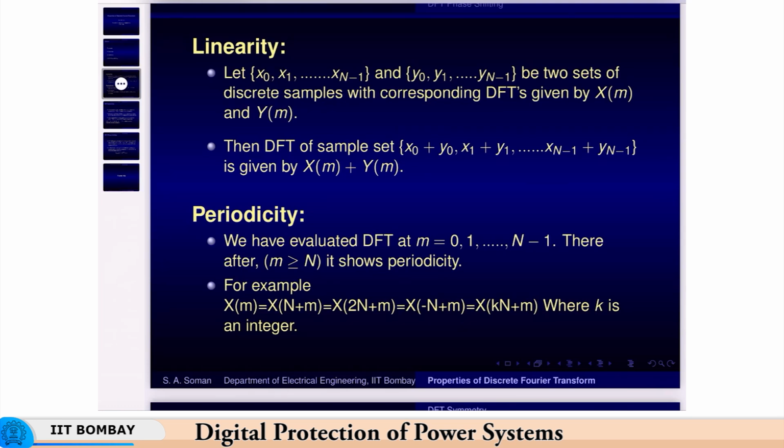Okay. So, what does it mean? That x of m is the same as x of n plus m, is the same as x of 2n plus m, 3n plus m, minus n plus m, minus 2n plus m, or Ln plus m, where L is an integer, L or k, whatever the constant that is chosen.